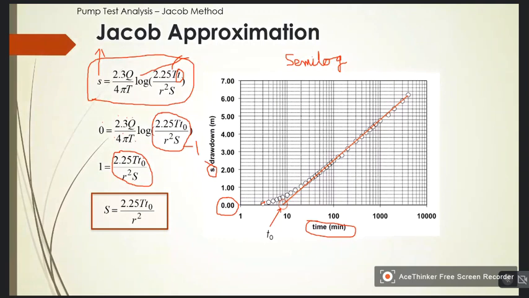So this value will be T naught. So S is equal to 2.25 T naught by R square.